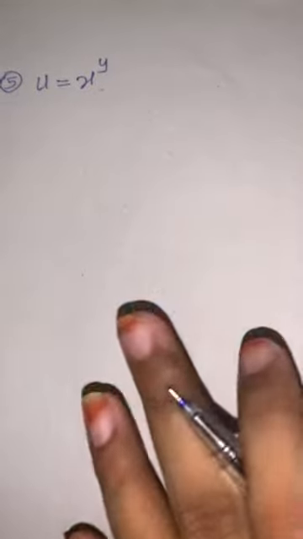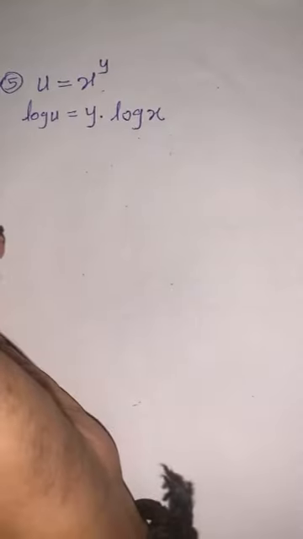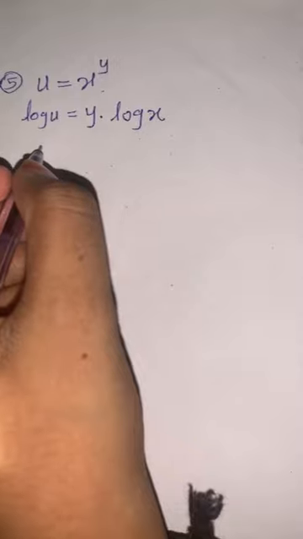So yes, the fifth question is u is equal to x to the power y. So we can't do the question in this form. So what we will do, we'll change this into a log form. So log u is equal to y into log x. So now we can do the differentiation. First we will do it with respect to x.